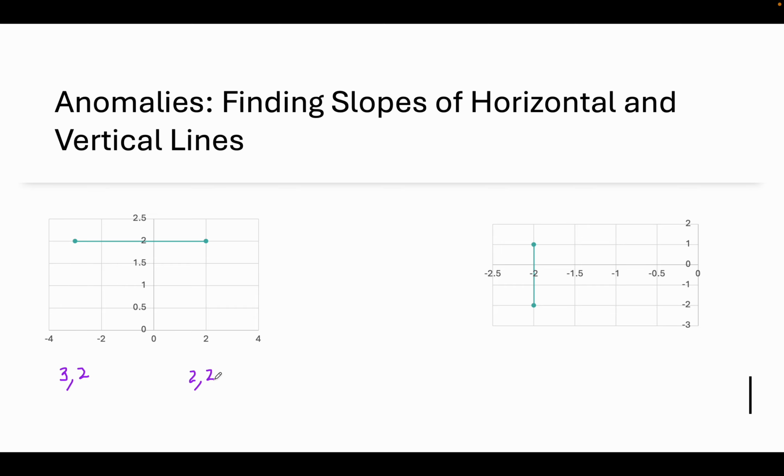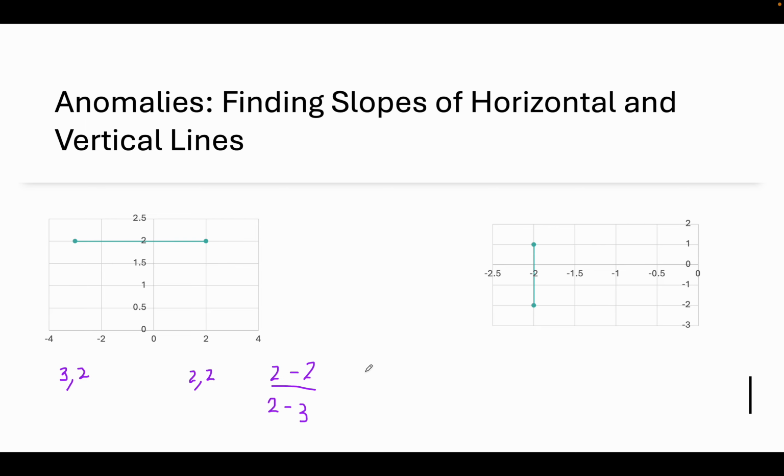So let's use that formula and figure out what happens. If I do that, what happens is I take my second 2 and I subtract the first 2, and then I take the second x and I subtract the first x.